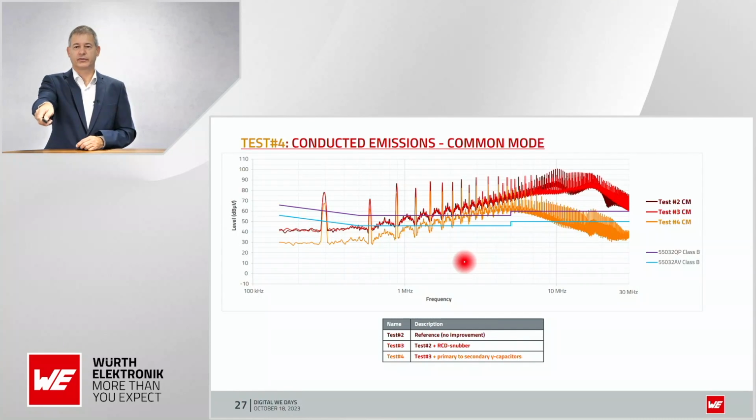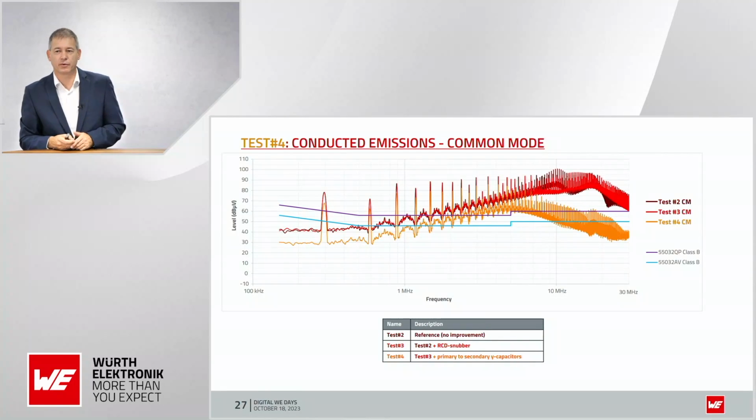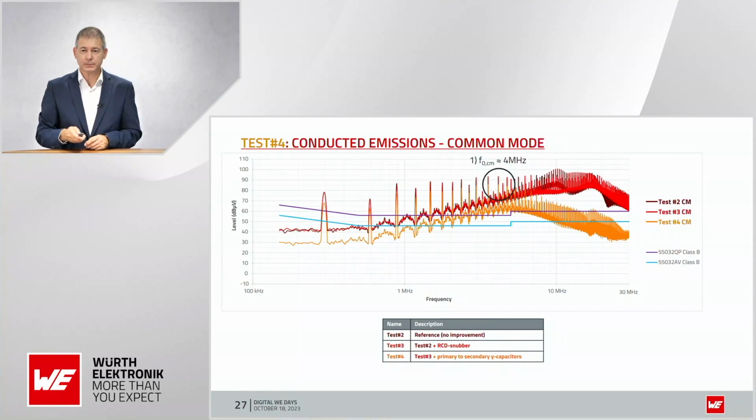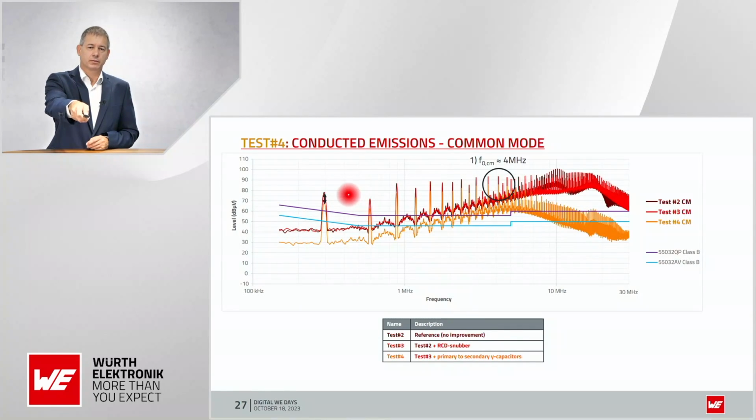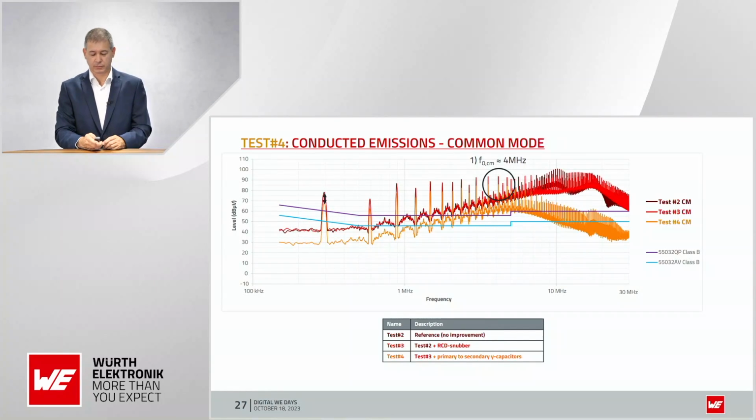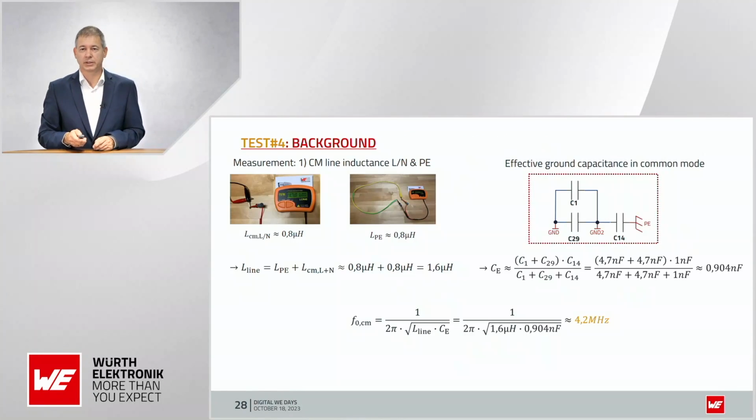We see this orange curve and have here a kind of knee frequency or corner frequency at around 4 megahertz. That's the point here. And also here we have a little reduction of the noise, but up to now not so much.